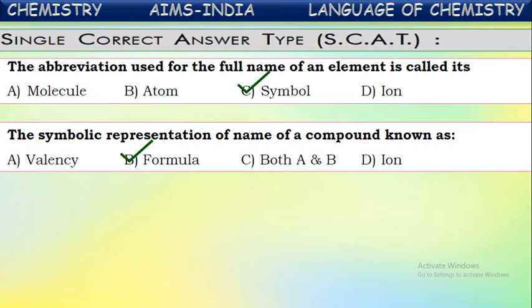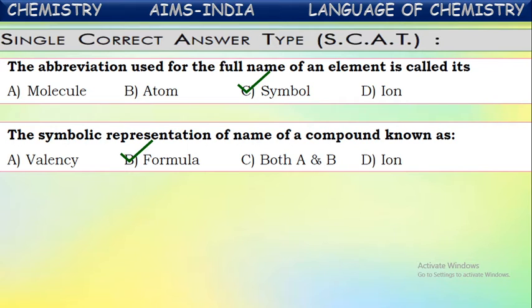For example, hydrogen is an element. Instead of writing hydrogen in all the chemical reactions, scientists have suggested a short form representation of hydrogen, just writing H. So if you write H in chemical reactions, that represents the element hydrogen.